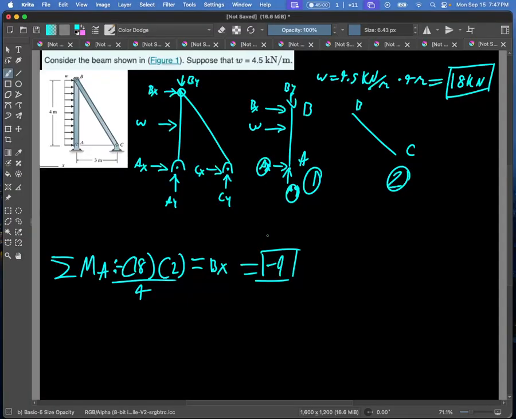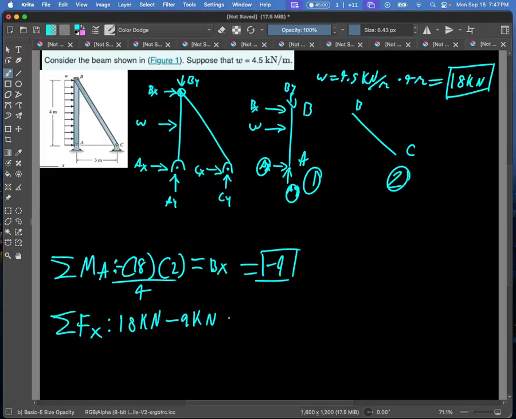And knowing that BX equals negative 9, we can actually do the sum of the forces in the x direction. So W is 18 kilonewtons, BX is going to be negative 9 kilonewtons.